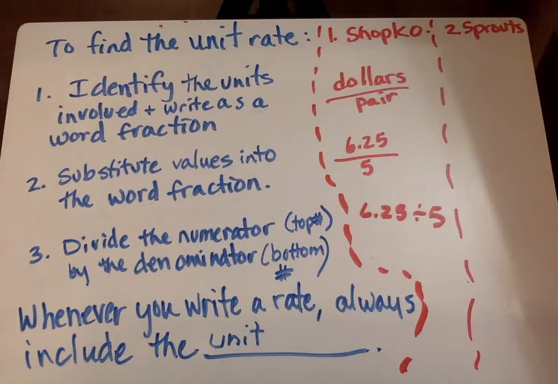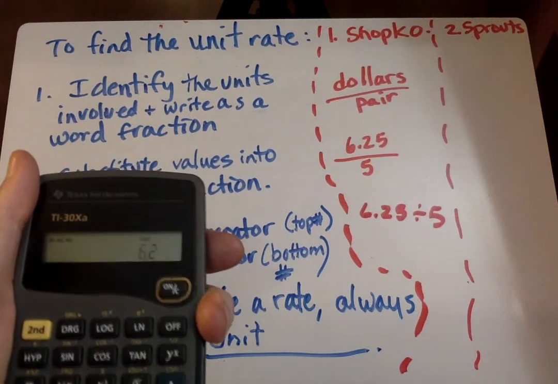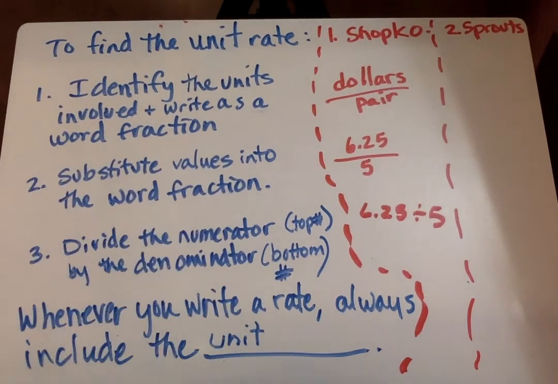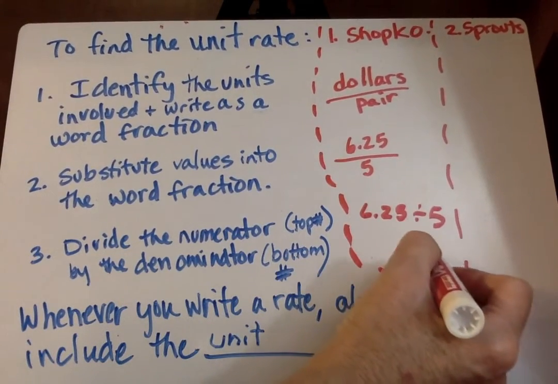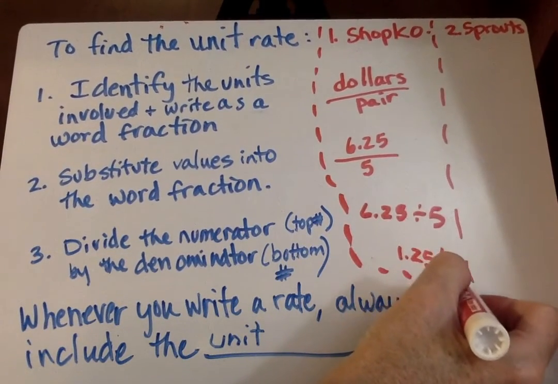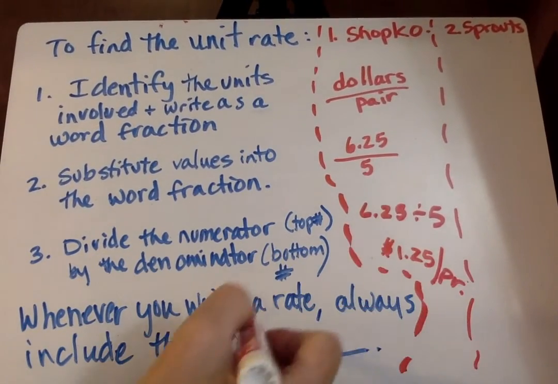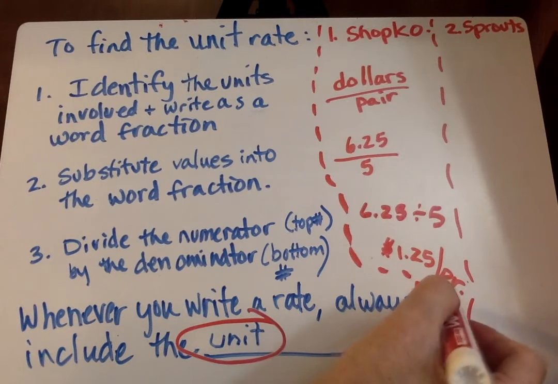Handy dandy calculator. 6.25 divided by 5. So it's $1.25 a pair. And there's my unit, because again, you always write the unit down. $1.25 for a pair of socks.